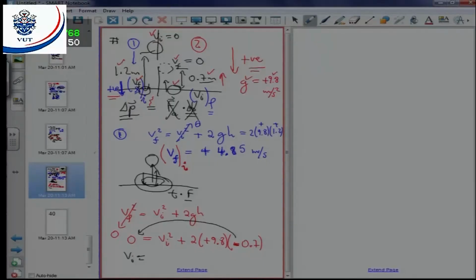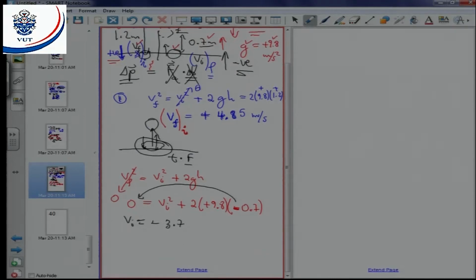So Vi is equal to, and remember that Vi is going up, which is negative, so Vi is equal to negative 3.7 meters per second. Again, a reminder that the initial speed for the second part is the final speed for the whole problem.